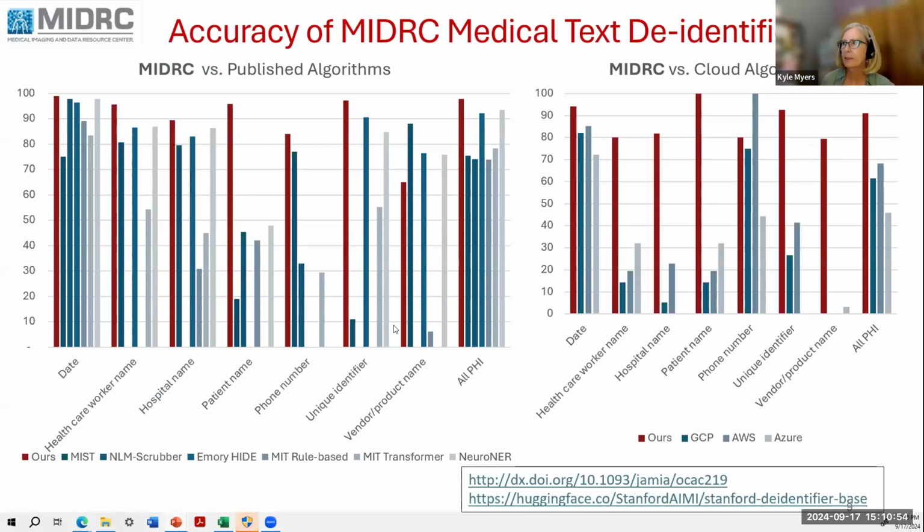Here we have on the left MIDRC's performance versus published algorithms in the literature. And on the right, against cloud algorithms, those from Google, Amazon, and Microsoft, and you can see we do quite well. So my point here is that this is a tool that is being used today to support the MIDRC enterprise. It can be generalized to your purpose, even if you are using data other than that being collected and shared by MIDRC.